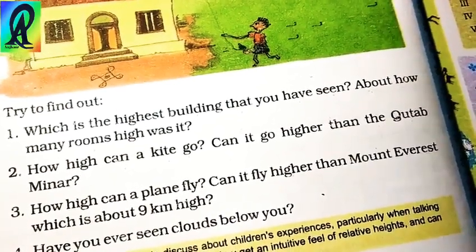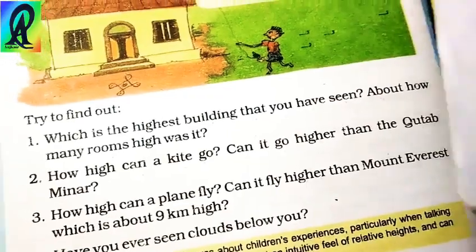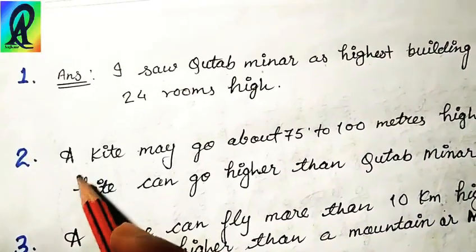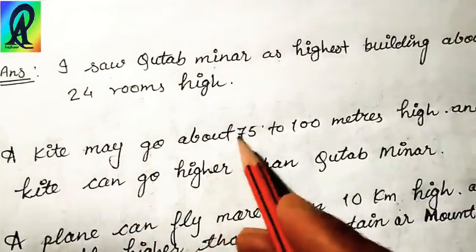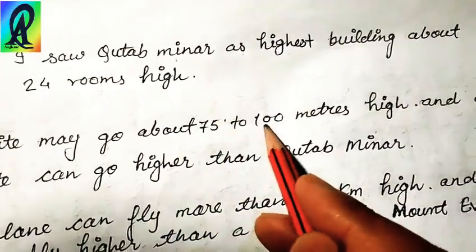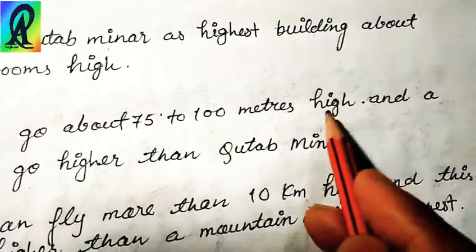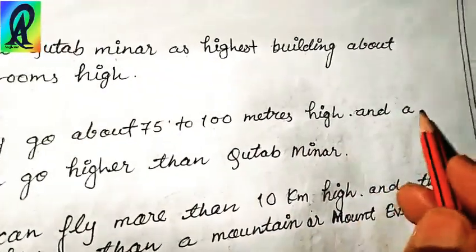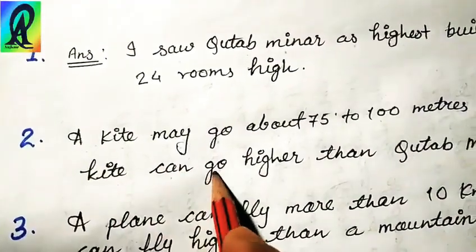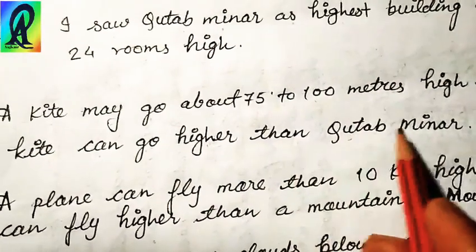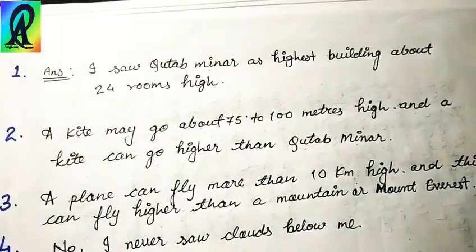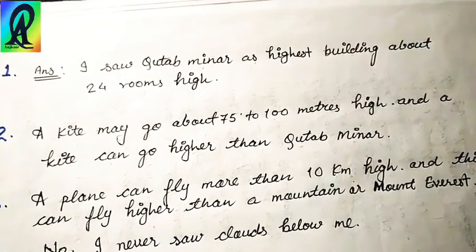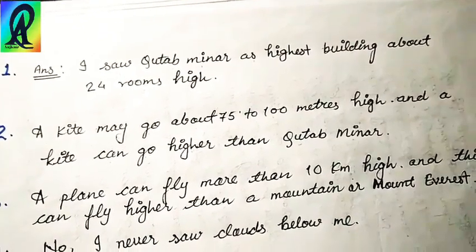So the answer of the question is, a kite may go about 75 to 100 meters high, and a kite can go higher than Qutub Minar. So you can note down in your notebook.